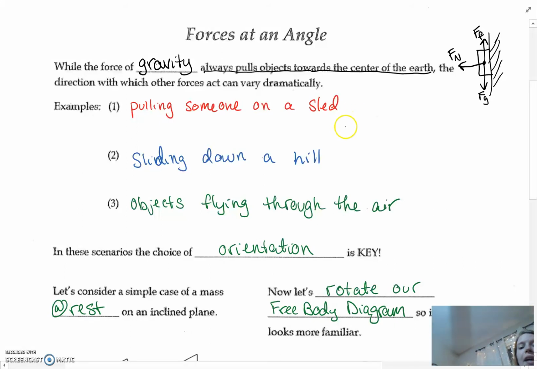If we have somebody on a sled, these are one of my more favorite examples, and they're being pulled on the sled, then the force that's applied here, which we might call FA or just F, is no longer just in the x direction.